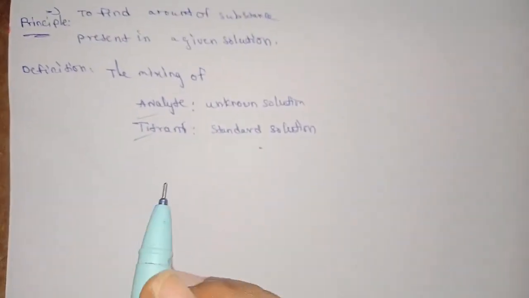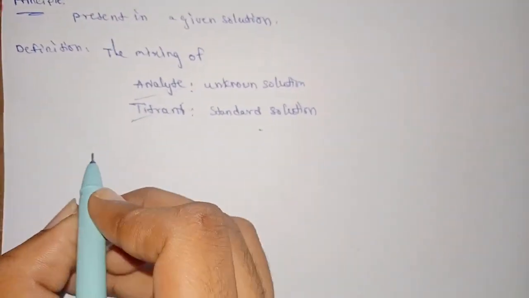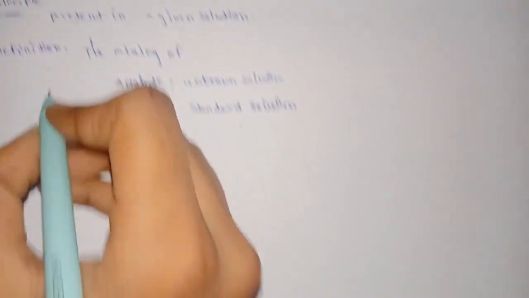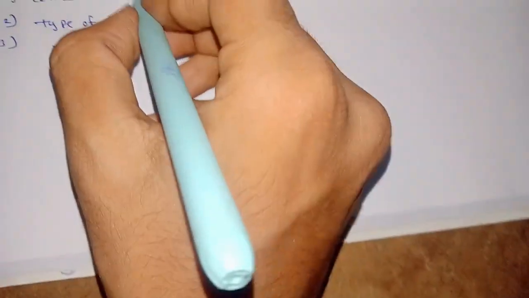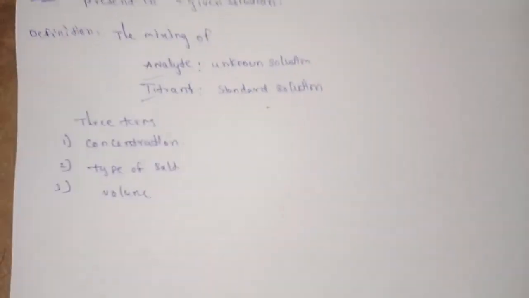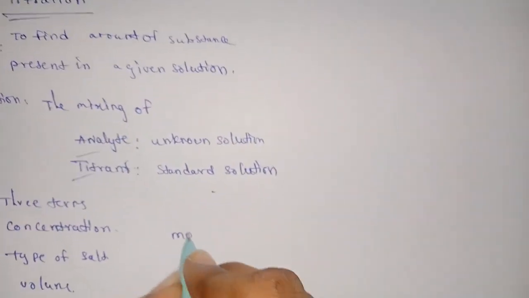So for titration, we have to know three terms. The first one is concentration, then the type of salt, and the volume. With these three, we all know the molarity formula. What is the molarity formula?